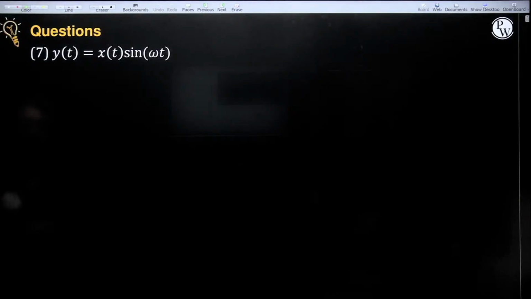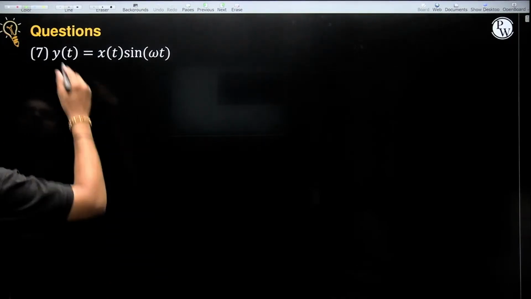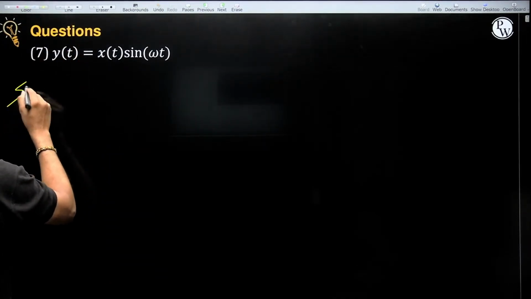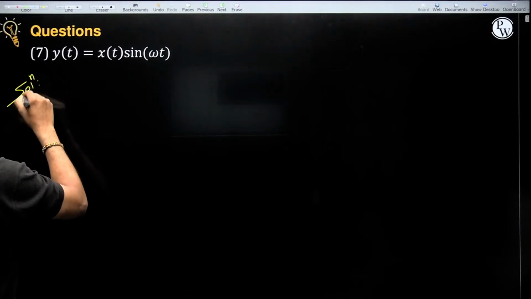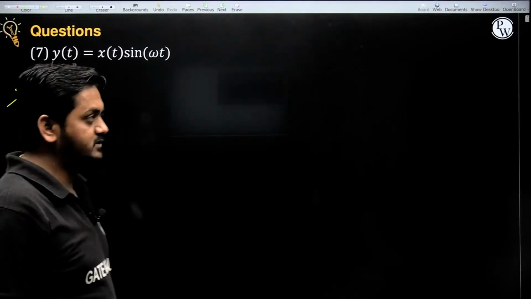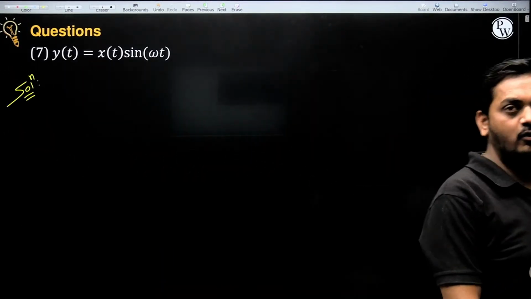Now next question. Check this one. Tell me whether this is linear or non-linear. y of t equal to x of t into sin omega t. Linear system or non-linear system?